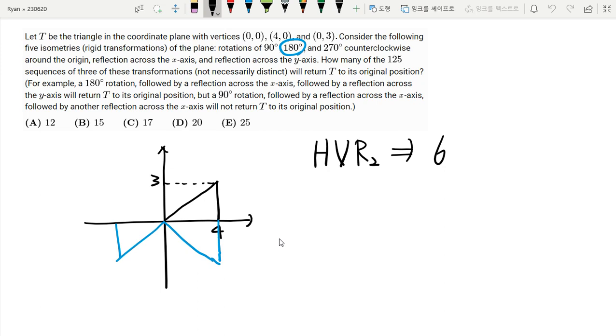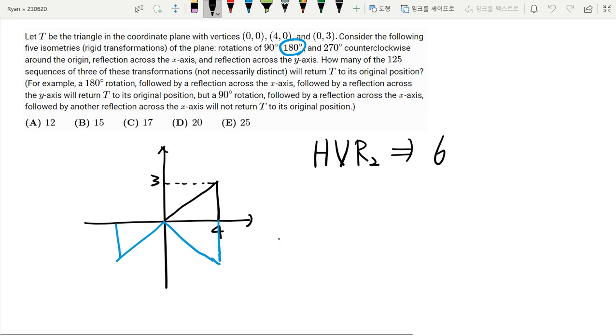And if we don't use reflection, if we use only rotations, the total rotation should be a multiple of 360 degrees to make the triangle go back to the original.